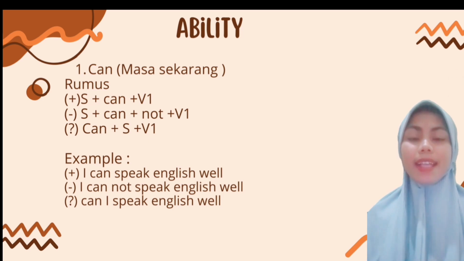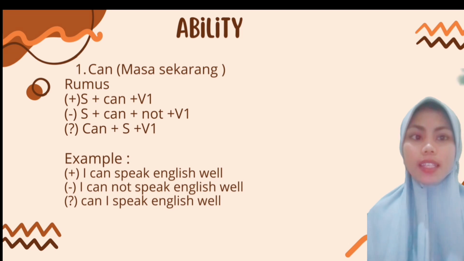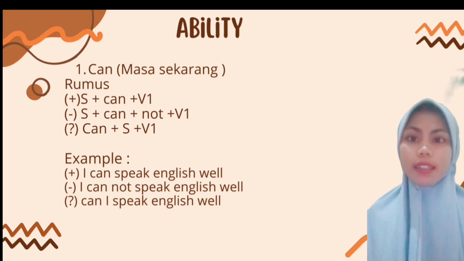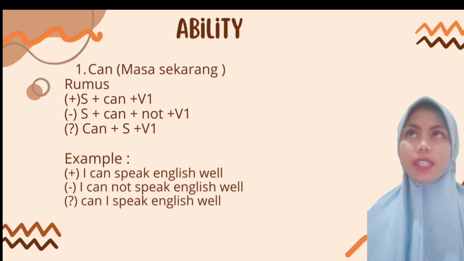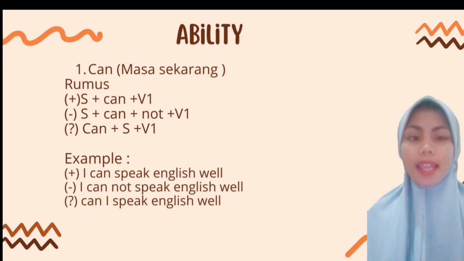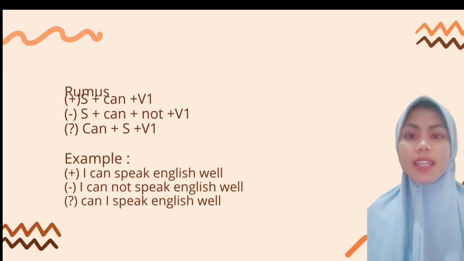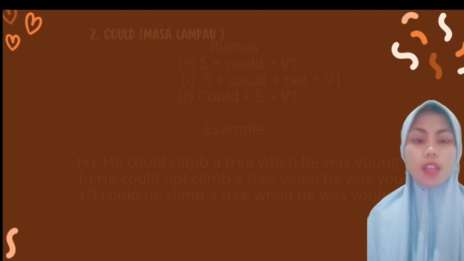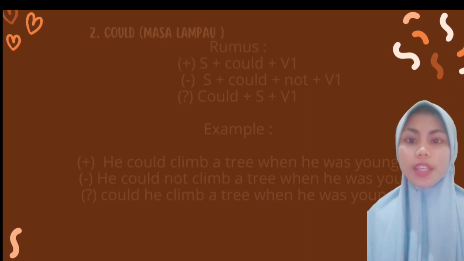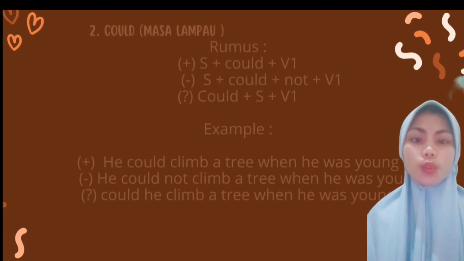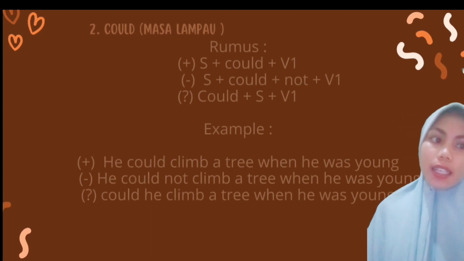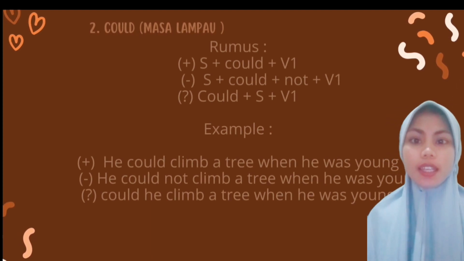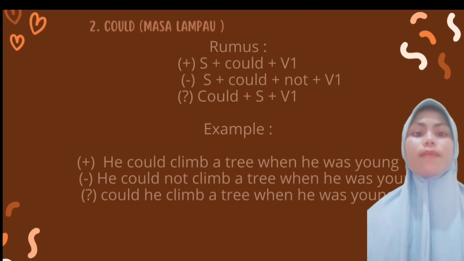From the example above, you can see that the use of the word can followed by a verb indicates an event that is happening in the present. Now we move to the word could, which is used to indicate an ability that occurred in the past.